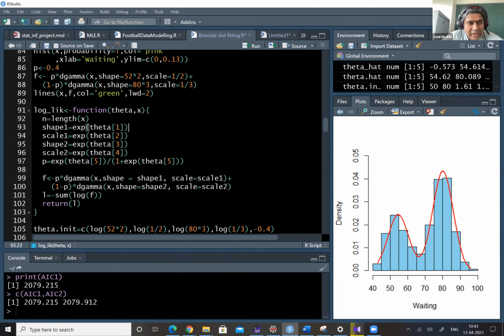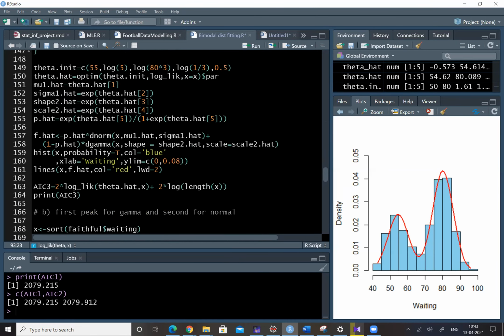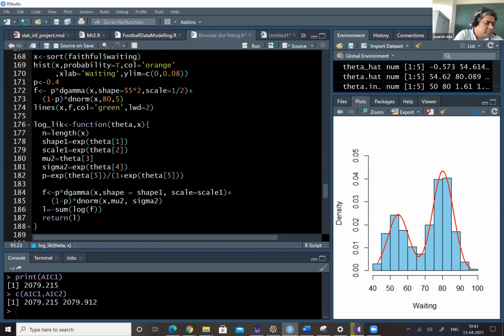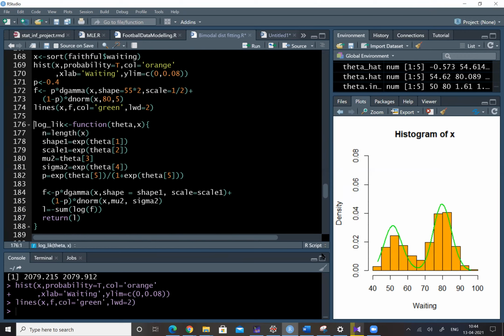And did you try the mixture of gamma and normal? Yes, sir. Just a second. This is the same thing. The green lines are just a rough estimate of what I'm trying to do.